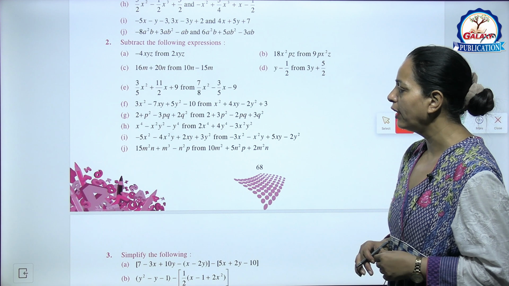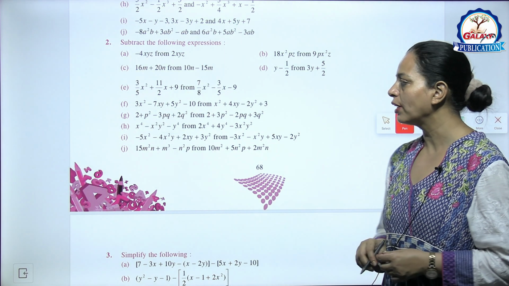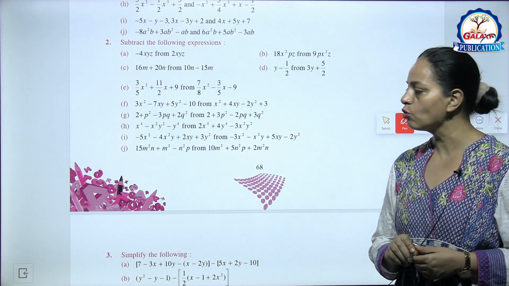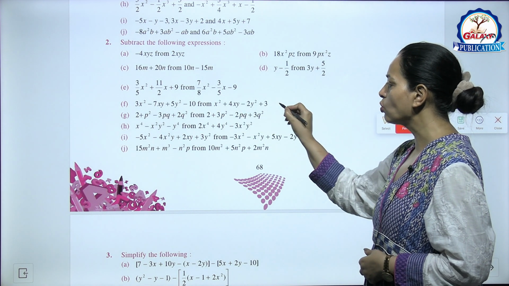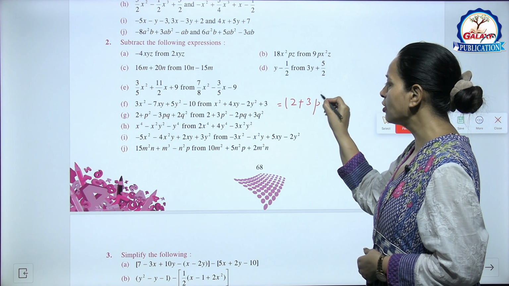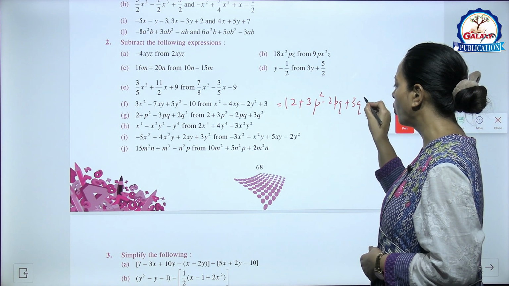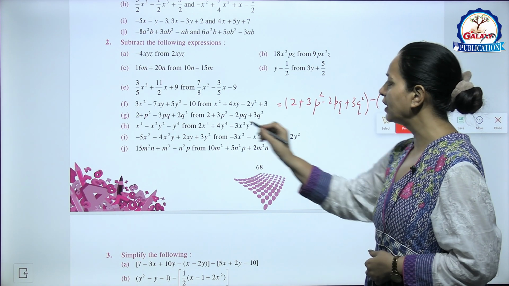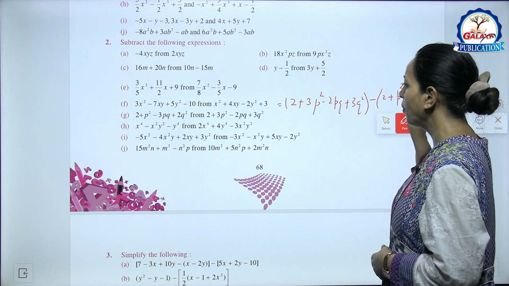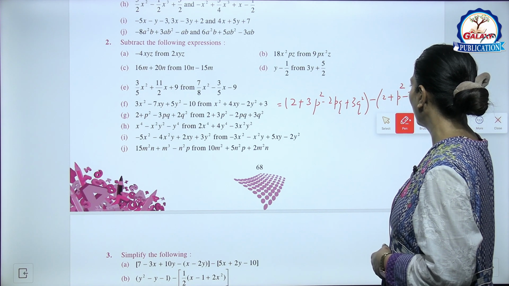Now you can try like G part, 2 plus p square minus 3pq plus 2q square from 2 plus 3p square minus 2pq plus 3q square. So what will you write? 2 plus 3p square minus 2pq plus 3q square. Then minus, and this expression 2 plus p square minus 3pq plus 2q square, right?